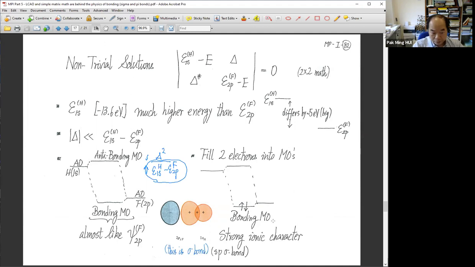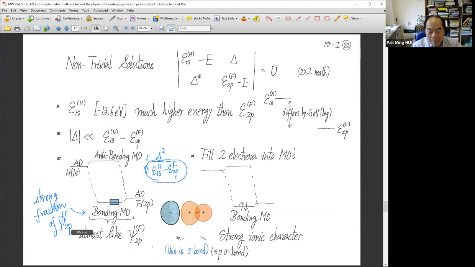In addition, because you only have this kind of matrix problem for this eigenvalue, this MO has a strong fraction or linear combination of the fluorine 2p state.